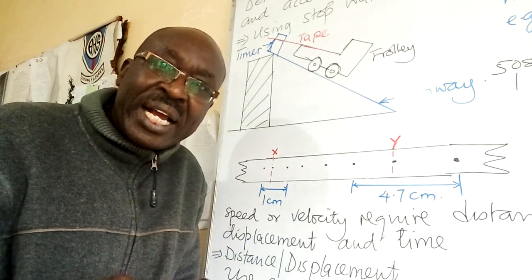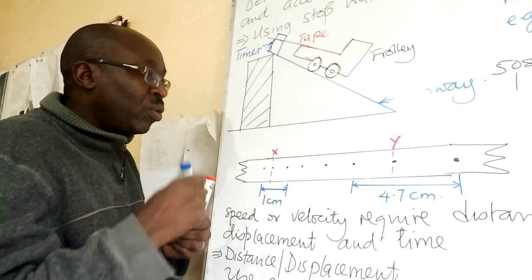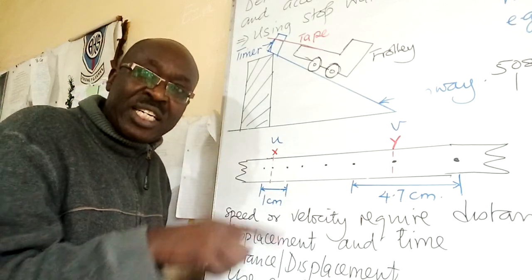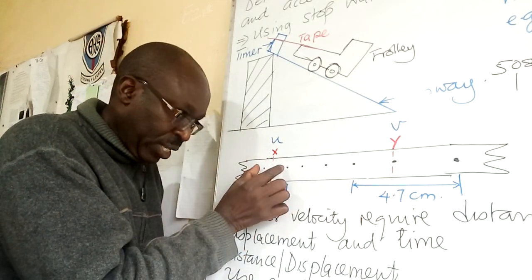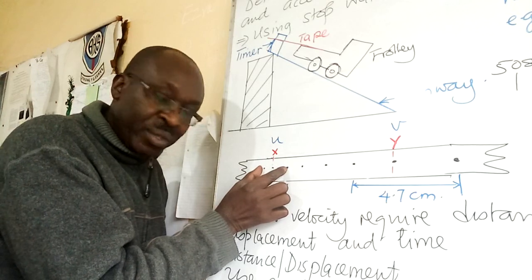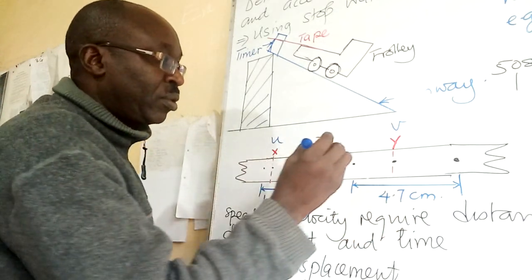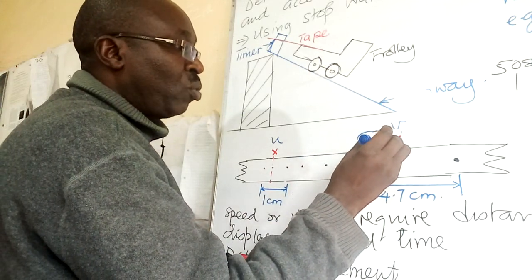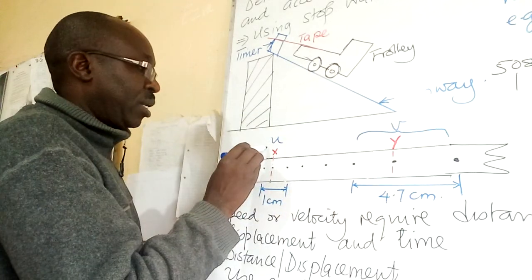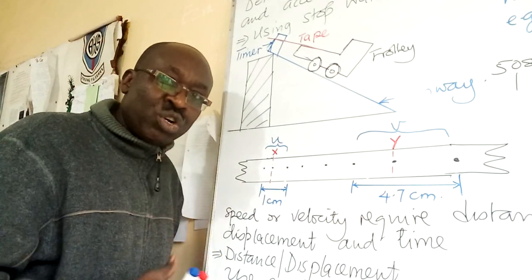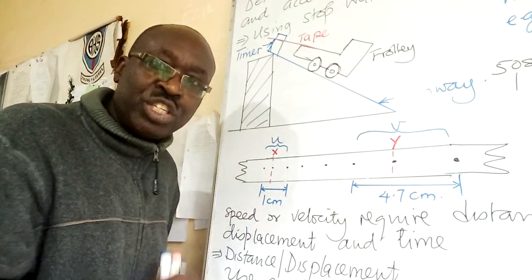Let us take this to be u and this to be v. That is, initial velocity is found here, and the final velocity is found there. Okay? Look at my diagram, and this is that. I want you to get what is initial velocity.